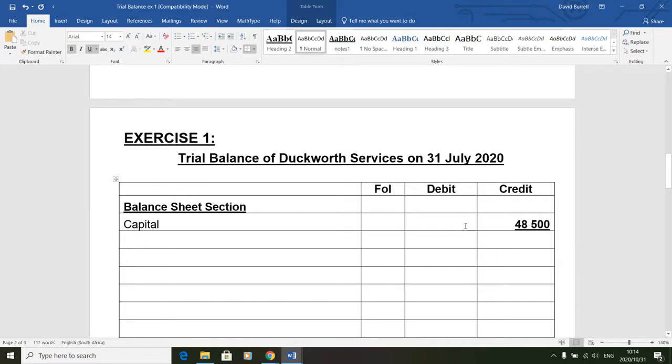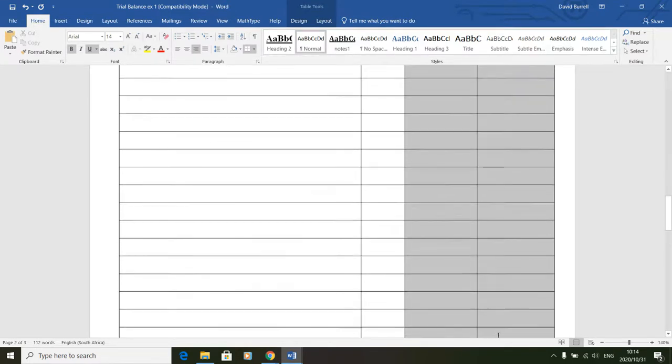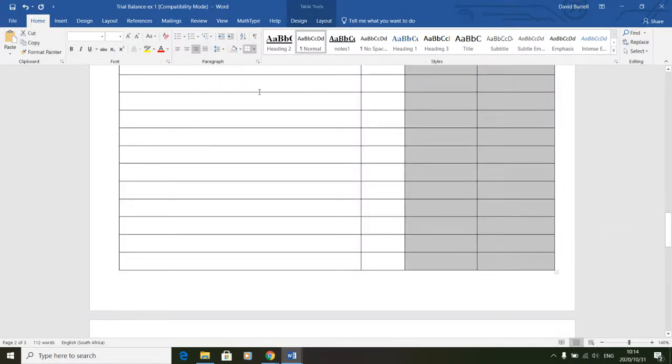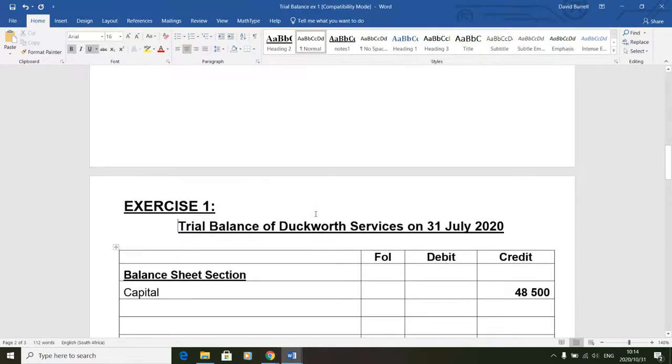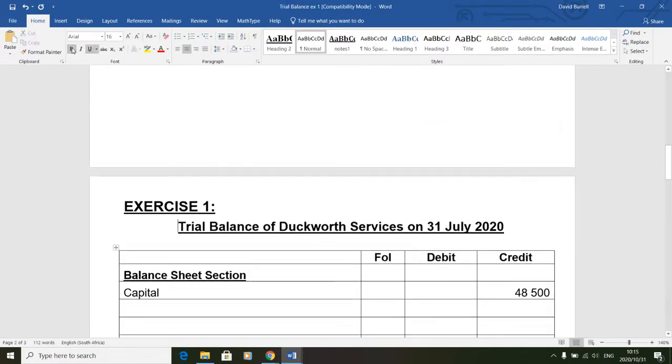48,500. And there's that underlining again, which I don't really need. So let's just go and get rid of that. Should have done that earlier. Okay, so hopefully that will work. Okay, it's still in bold, but I don't know why I'm being so pernickety about the bolding and unbolding, but never mind.